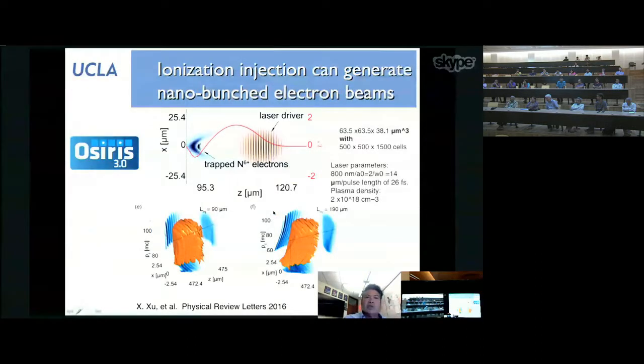This leads to another interesting idea that we recently published, which was that because the ionization occurs at peaks of the laser amplitude, the electrons will be created in spacings related to half the laser wavelength. They will be created where the laser is intense. These particles then move back, and this spacing shows up where they get bunched at an even shorter wavelength, but they remain nano-bunched at the back of the wake where they're trapped.